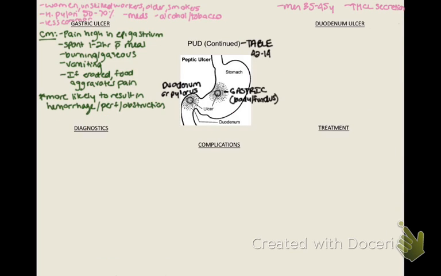Okay, duodenal. So again, you find these ulcers in men 35 to 45 years of age. You have an increase in the hydrochloric acid secretion. Alcohol and tobacco are causes. And H. pylori accounts for 90 to 95% in the duodenal ulcers. Your clinical manifestations of a duodenal ulcer: mid-epigastric pain, and it's going to be 2 to 4 hours after a meal because it's lower.